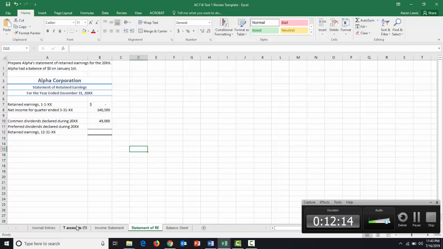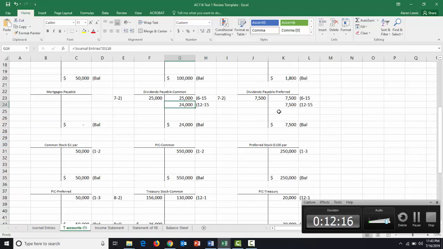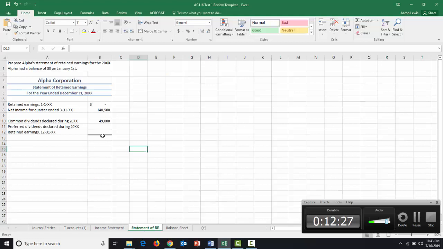We're going to go back to our T account. We're going to find our preferred dividends payable, which is right here. We declared $7,500 worth of preferred dividends on both June 15th and December 15th, which means that in total we declared $15,000 worth of dividends.